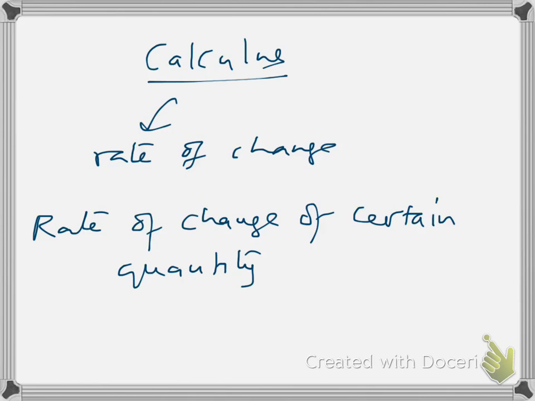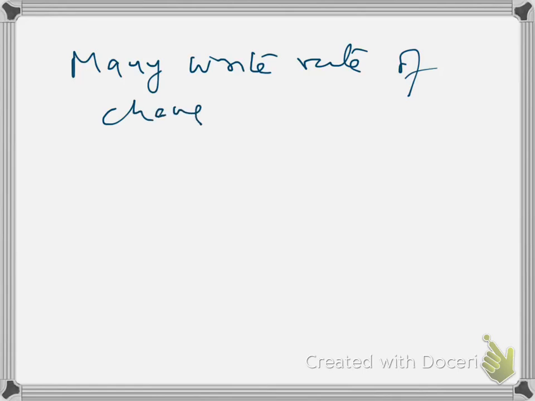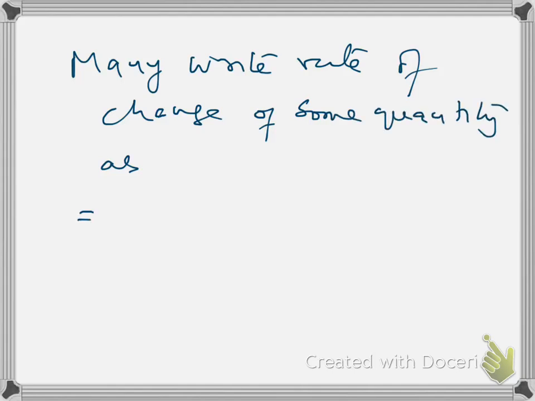Rate of change is not a simple definition. Many people write the rate of change of a certain quantity as the change in that quantity divided by time, but that is wrong.